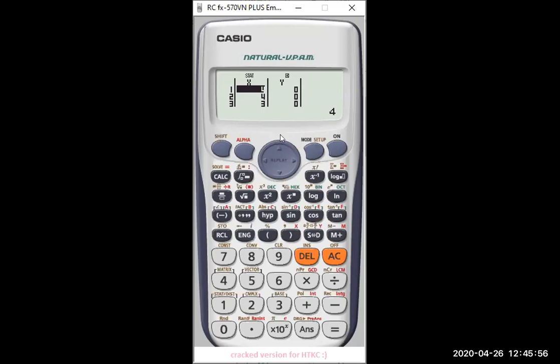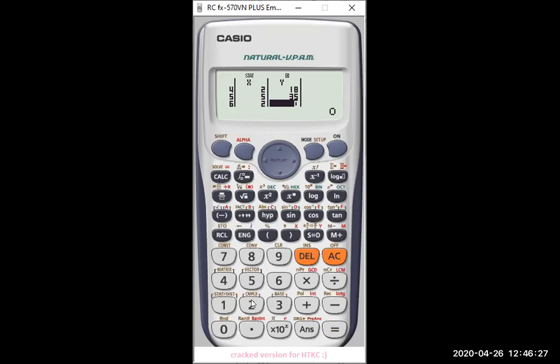Now going for the y data, inserting the y data here. This is the cursor key here. Y data starts from 26. 26 equal, 28 equal, 24 equal. The third point, 24, 18, 18, and 35, 35.